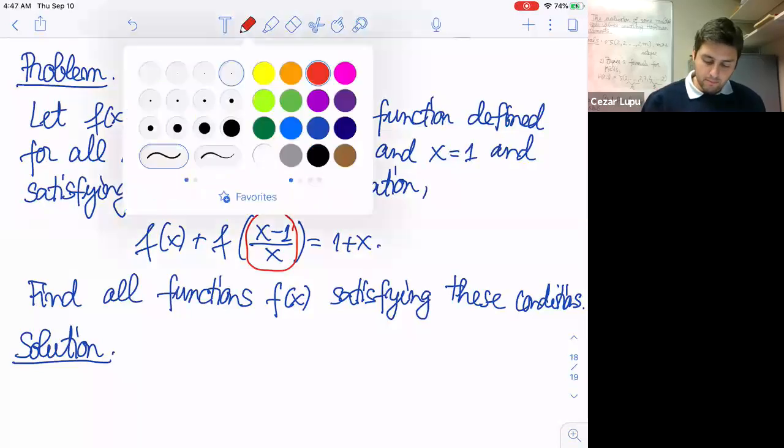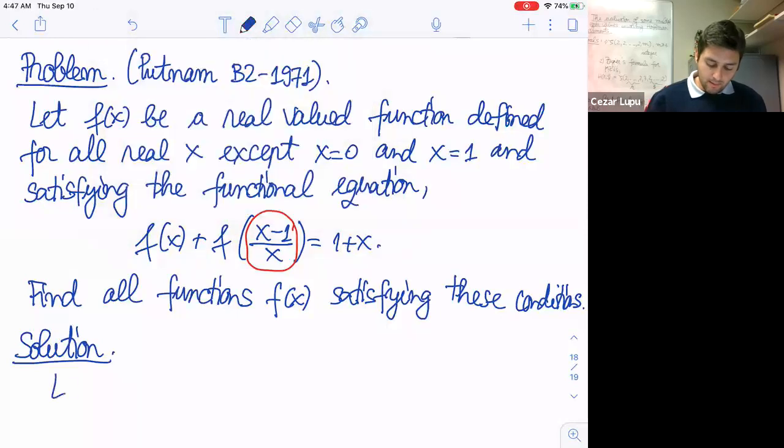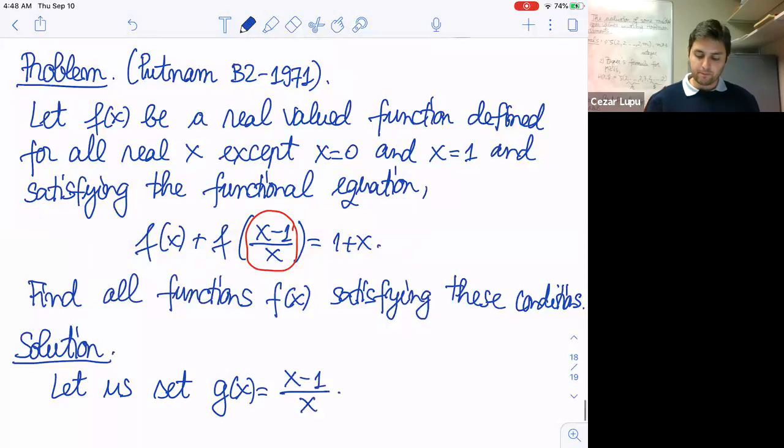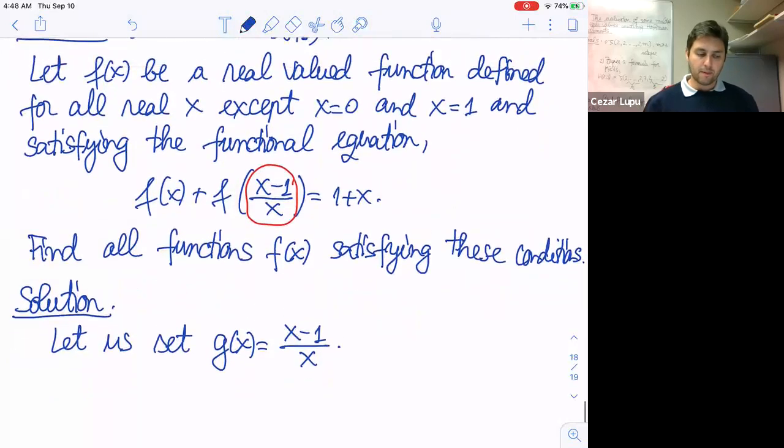So let's set g of x to be x minus 1 over x. Let's set this guy.